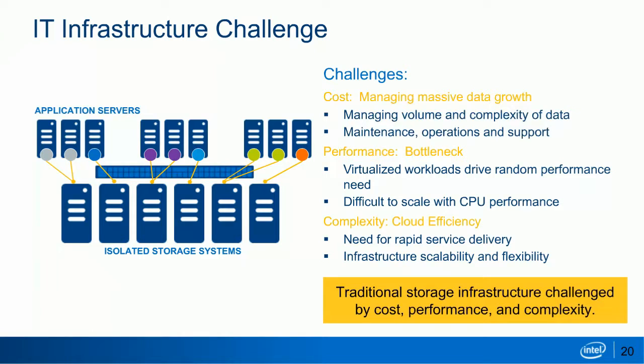And then you have the complexity. You have different technologies. You have cloud. You have the private infrastructure, and trying to manage all of them in the same platform is becoming very complex for the IT industry today, right?